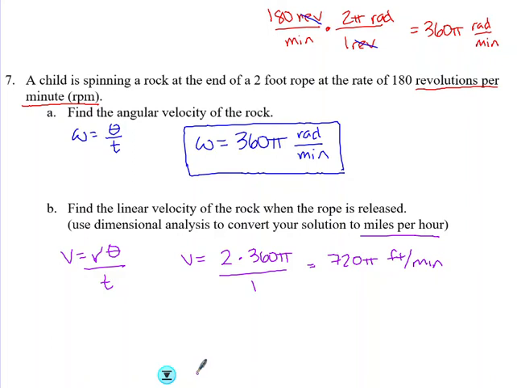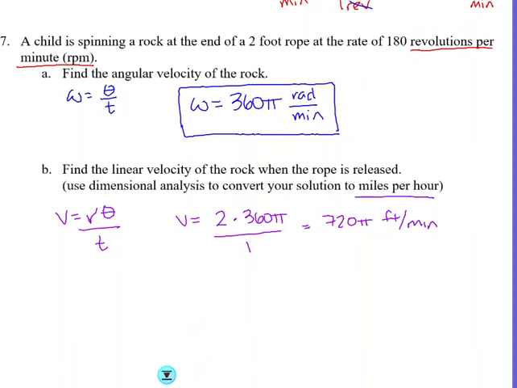We want to convert this to miles per hour. So we need to do dimensional analysis again. We start with feet per minute. I'm going to convert feet to miles first. I know that there are 5,280 feet in 1 mile.